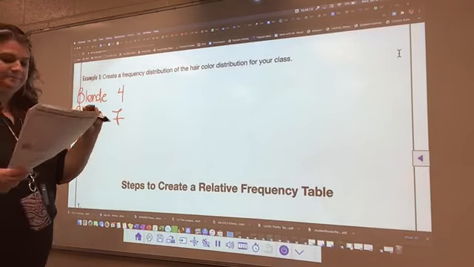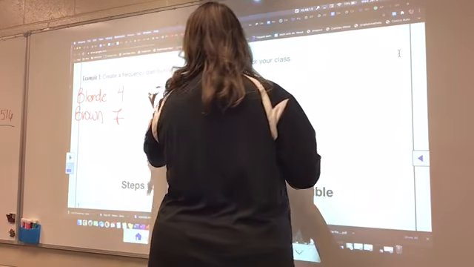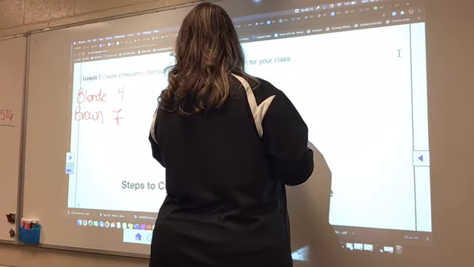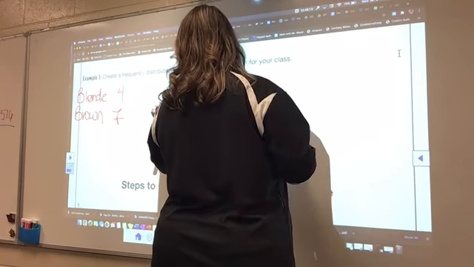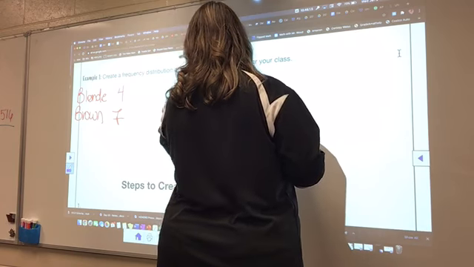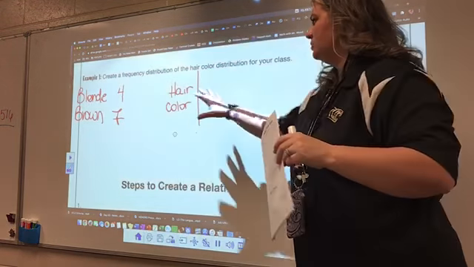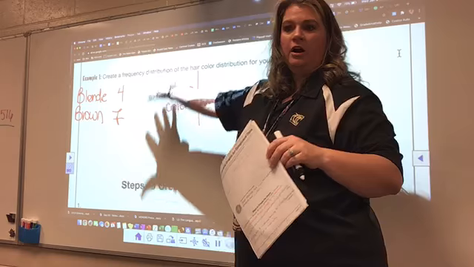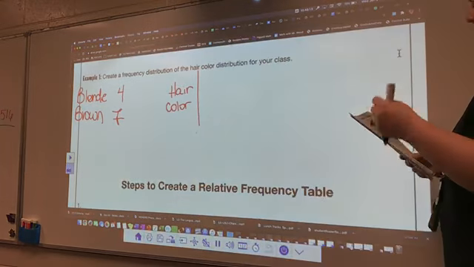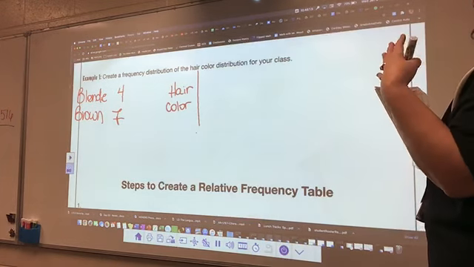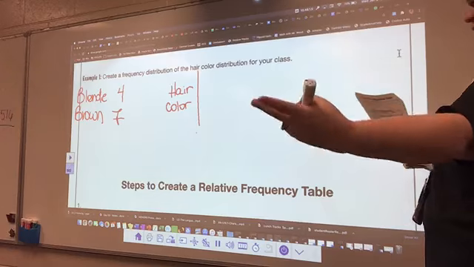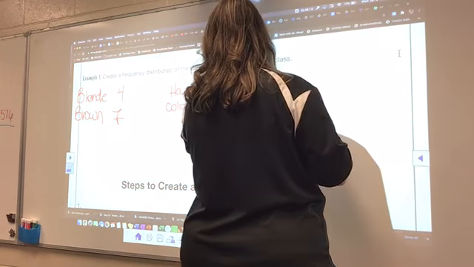All right, so the way, it is really just way too simple. You have your column, or your row, whatever, as far as what our title is. We know that our categories, we have blonde and brown.